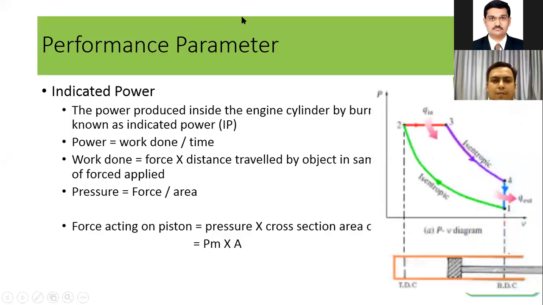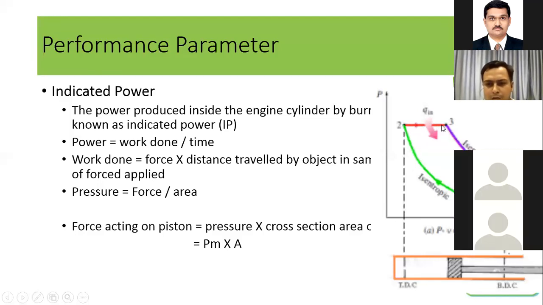Now here, I have taken the PV diagram. If you go through this PV diagram, heat is supplied at constant pressure in the diesel cycle, and under the action of the hot flue gases, the piston is moving from top to bottom. Suppose this is my top dead center; as the piston moves downward, the pressure decreases.